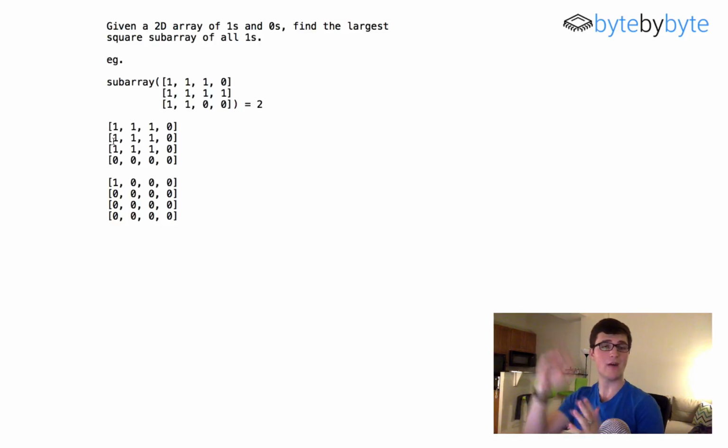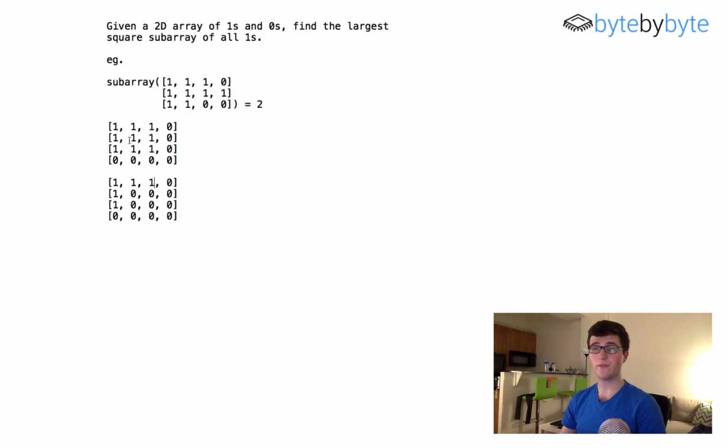If we can't go up or left, then since it's a square matrix, it has to be of size 1, because we can't expand in either direction. So all of these are the bottom right-hand corner of a 1x1 subarray.